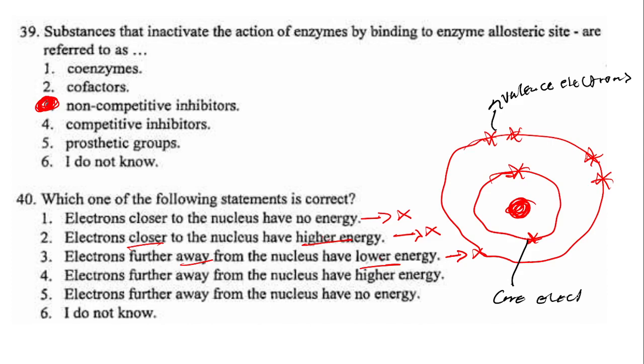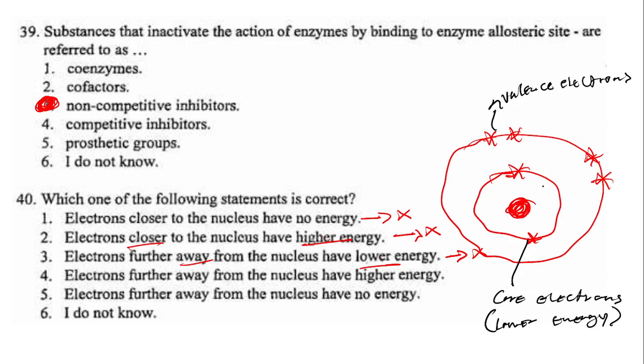These guys have lower energy. That's why they are close to the nucleus. During a chemical reaction, they won't take part because they are very close to the nucleus. These guys have higher energy.